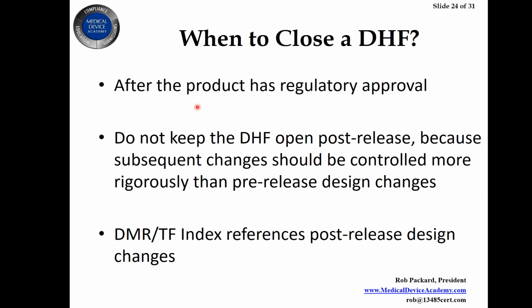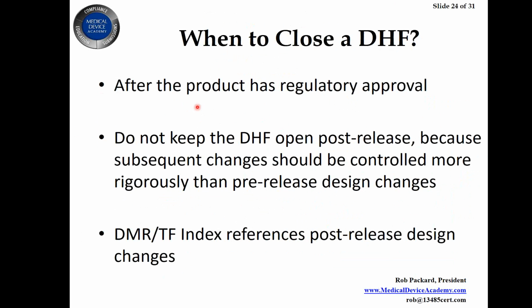You don't want to keep the DHF open post-release because all those changes are going to be covered more rigorously than the pre-release design changes, and that should be covered under that separate procedure for design change control that's post-production. You're also going to have references in your DMR and tech file index for post-release design changes, and oftentimes I'll include that as a revision history.